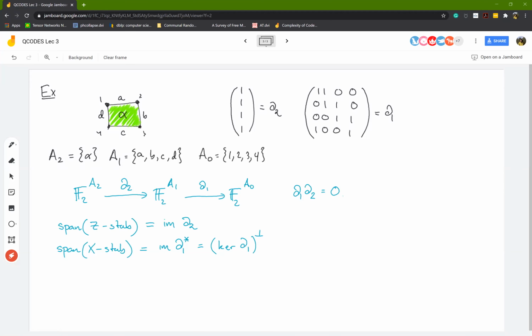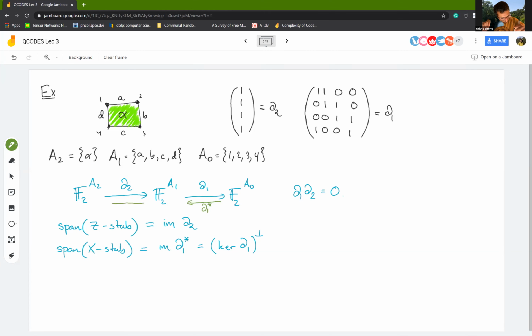Sorry, just to clarify, what is delta 1 star? It's the transpose. Okay. So delta 1 is a map from A1 to A0. So delta 1 transpose is a map from A0 to A1. If you took the delta 1 map and took the transpose of that matrix, it would give you a map going the other way, right? So delta 1 transpose just sits right here.